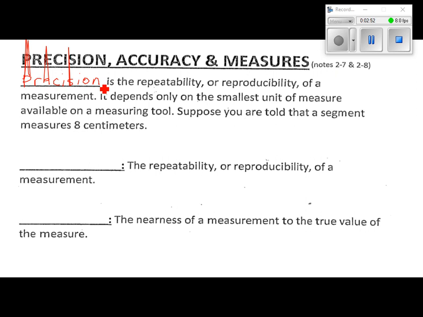I got this ruler, and this is in inches. It's split up this way. What's the smallest unit of measurement on that ruler right now? An inch. 1 inch. That's as close as we can get. If we're measuring with this ruler, the closest we can possibly get to the actual measurement of whatever we're measuring is within 1 inch. That's it.